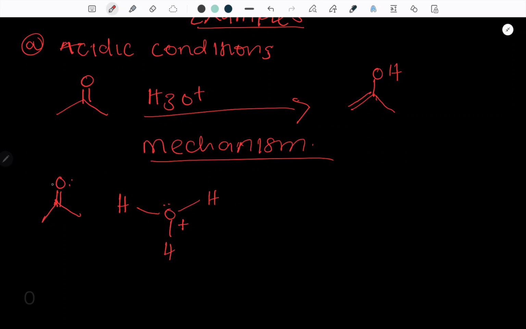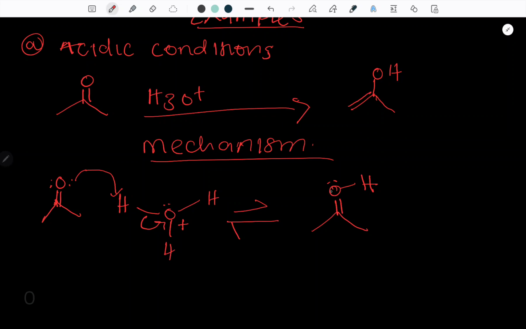Now here we have 2 lone pairs. So now oxygen with 2 lone pairs, we use one of each lone pair to attack the hydrogen, breaking that bond. Now our answer here shall be this, with a double bond connected to H. Then here, remember, we have remained with 1 lone pair. This is the same lone pair which is there.